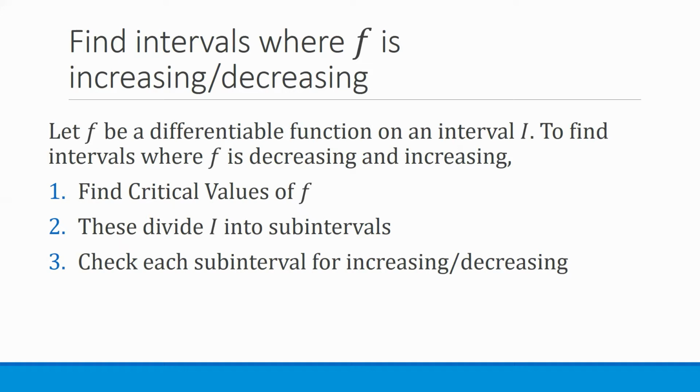Second, we divide the big interval I into smaller subintervals based on where the critical values are. Third, we check each subinterval for whether our function is increasing or decreasing.